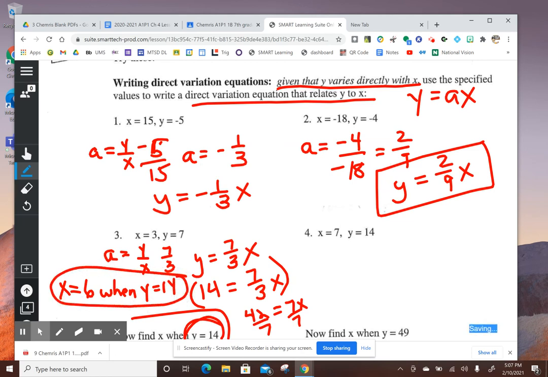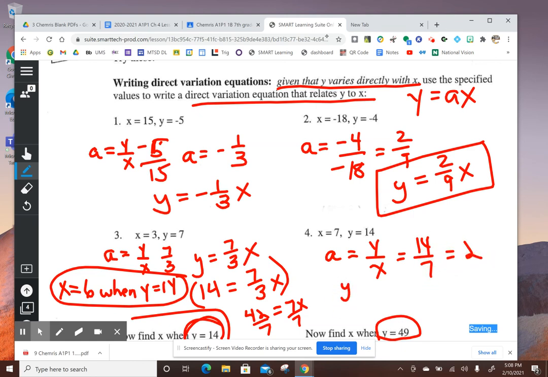Okay, now I want you all to try number 4 on your own. So again, stop the video, find the direct variation equation, and then find the value of x when y is 49. So I say a equals y over x, which in this case is 14 over 7, which is 2.